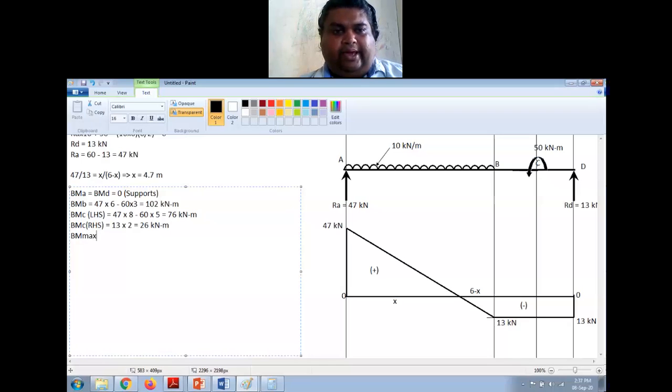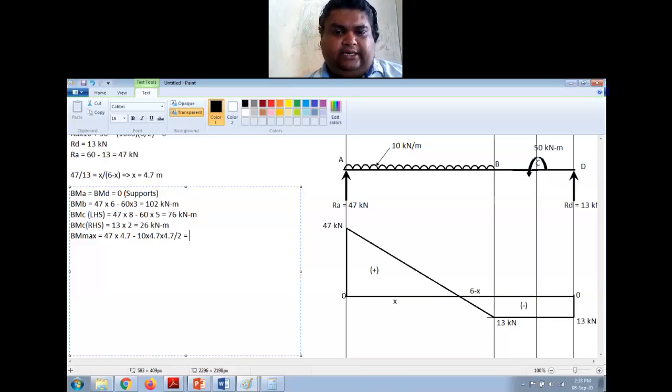BM max is equal to, that is at this point, right? So I'll use this expression, 47 into this length, which is 4.7, x, right? So that is 4.7 minus, this is the intensity, 10 into 4.7 into, it is acting at the midpoint of 4.7, so 4.7 by 2.